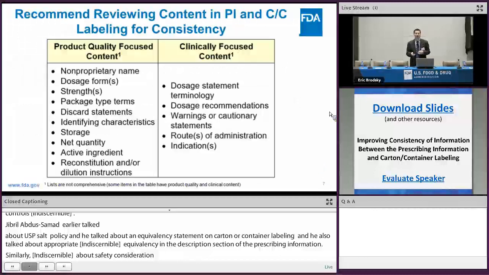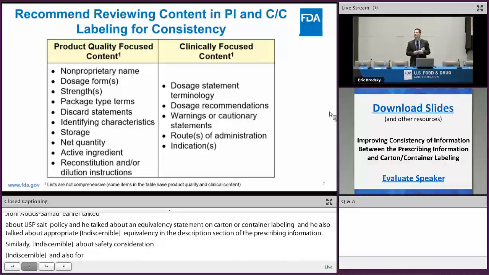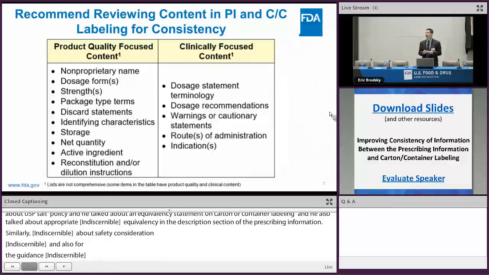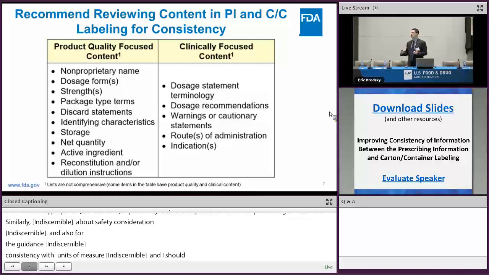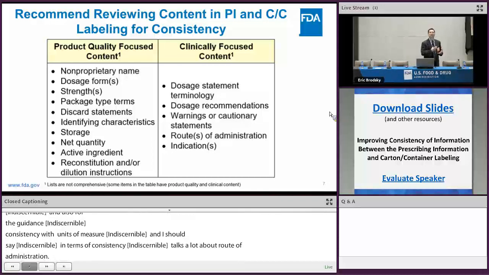So with that in mind, this slide just presents some, but not all, of the elements on carton container labeling. And for the purposes of this presentation, I'm dividing the information into two categories: product quality focused content and clinically focused content. Now this classification is not perfect, because some of the items, for example, in the product quality focused content column may have clinical related elements.